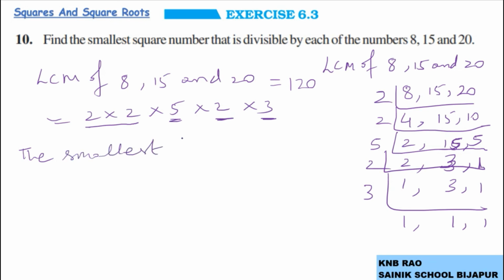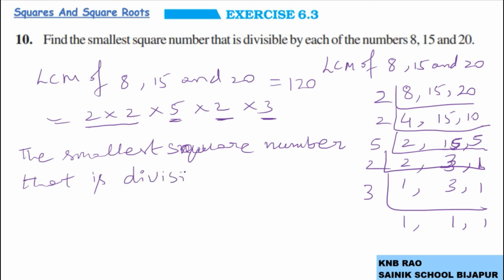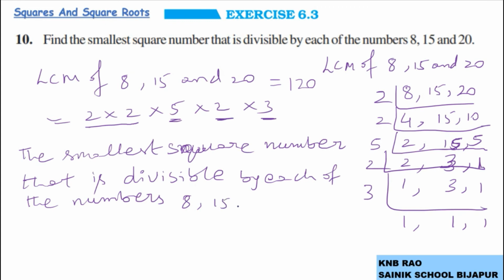So the smallest square number that is divisible by each of the numbers 8, 15 and 20 is 120 into 5 to make a pair for the prime factor 5, 2 to make a pair for the prime factor 2, and 3 to make a pair for the prime factor 3.